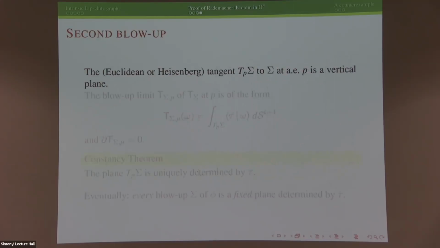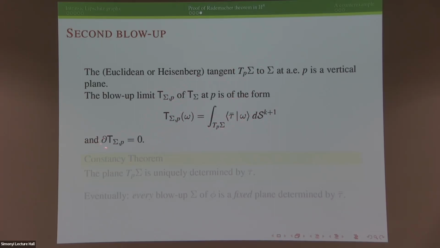Okay, so as I said, at almost every point of sigma, the blow-up, Euclidean or Heisenberg is irrelevant now, is a plane, a K-plane, and if we call T sigma P the blow-up of the current that we had on sigma, now you can probably believe me, the second blow-up of the current is a current that you can recover by integration on the tangent plane of that fixed multi-vector tau bar.